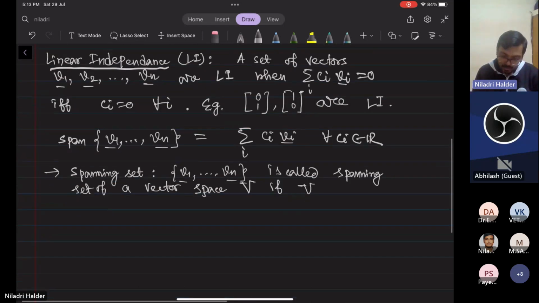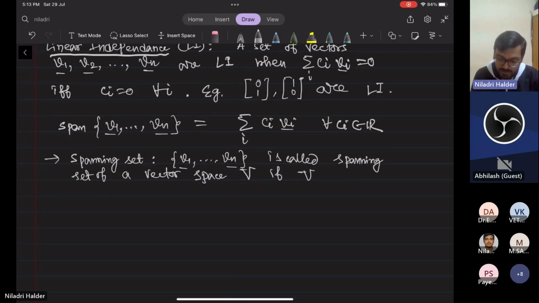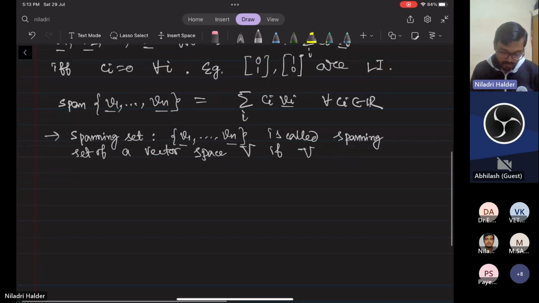Then the span of v1 to vn is the summation of ci vi, where ci is a scalar or real number. So the summation ci vi is the span of v1 to vn.